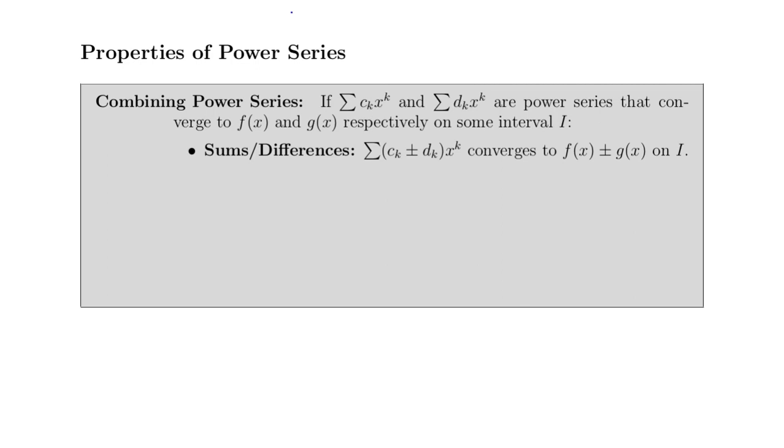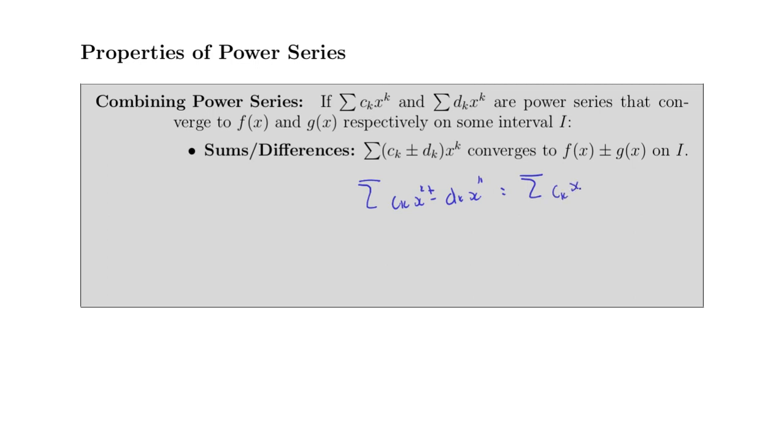All right, so anyways, if you've got that they converge on some interval, then if you add or subtract the coefficient structure together, you can just add or subtract the functions. So you can split this thing up essentially and say this is really a sum of c sub k x to the k plus or minus d sub k x to the k, and then split this up as, oops, I want a c here, not an x.